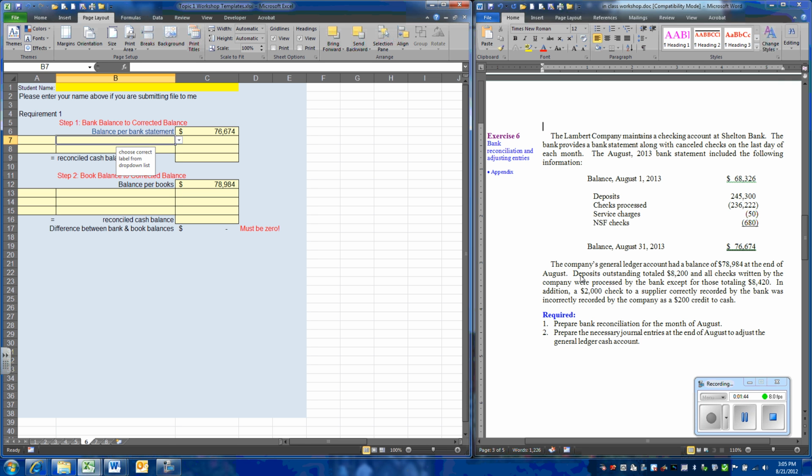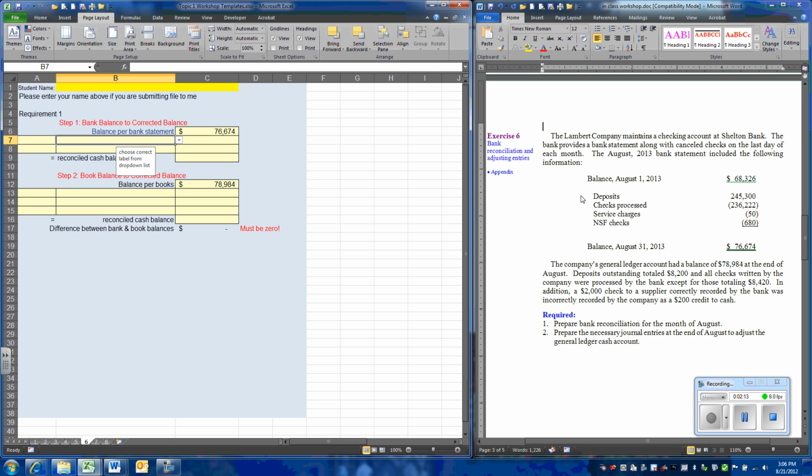The first thing is we have deposits that were outstanding. These were deposits that were made probably to a night drop box or through an on-the-car pickup that we show as being deposited, but were deposited in the bank before it could be accounted for on August 31st. So a night deposit of $8,200 was made on the night of August 31st.